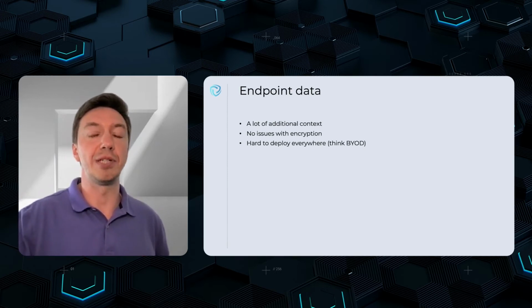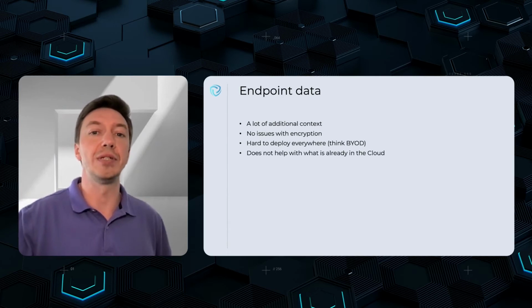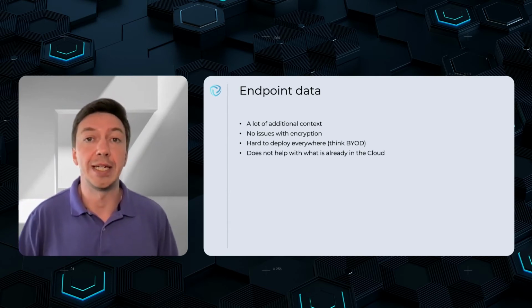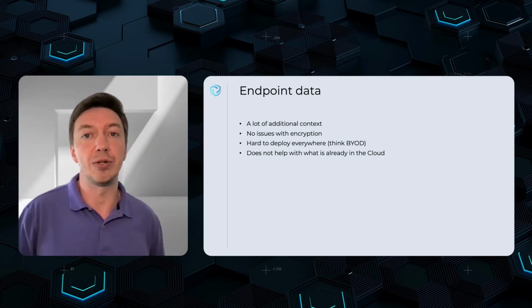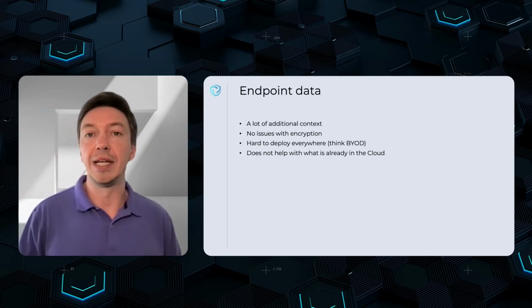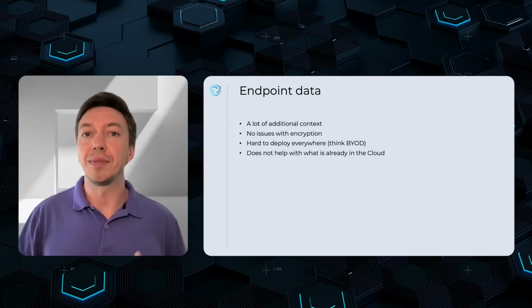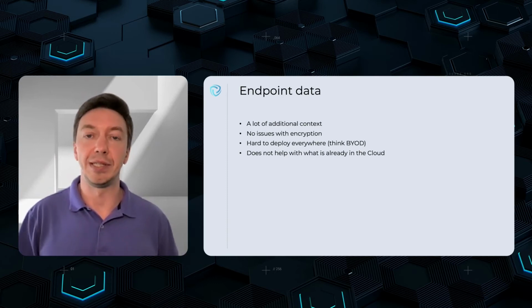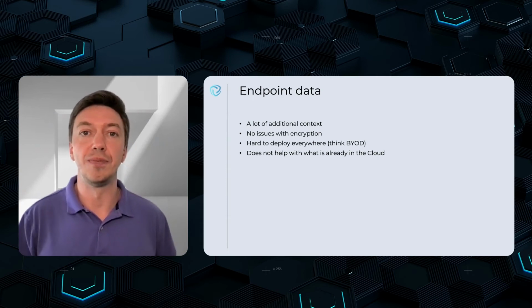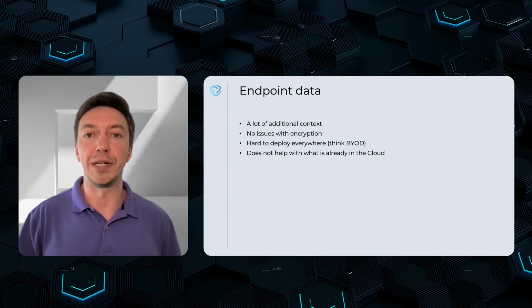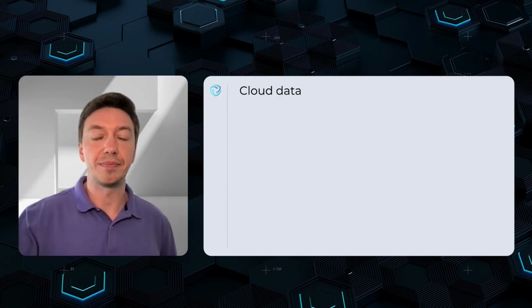It might not even be possible due to legal or technical issues. And of course, this approach does not help us with the data which is already in the cloud, right? So once you deploy an endpoint, chances are high that some cloud exchange has already happened, and some files are already uploaded to Google Drive or OneDrive or whatever you have got.